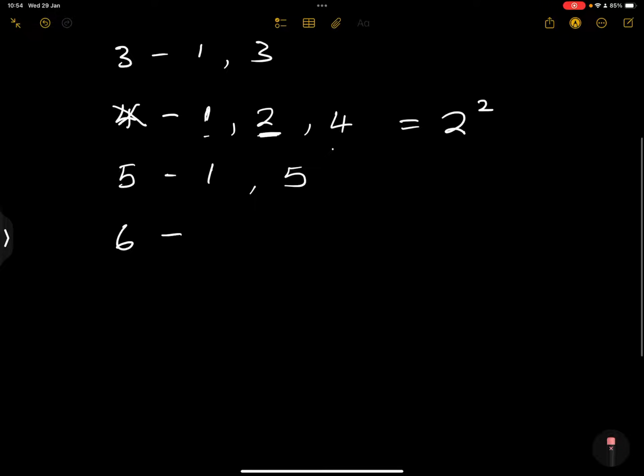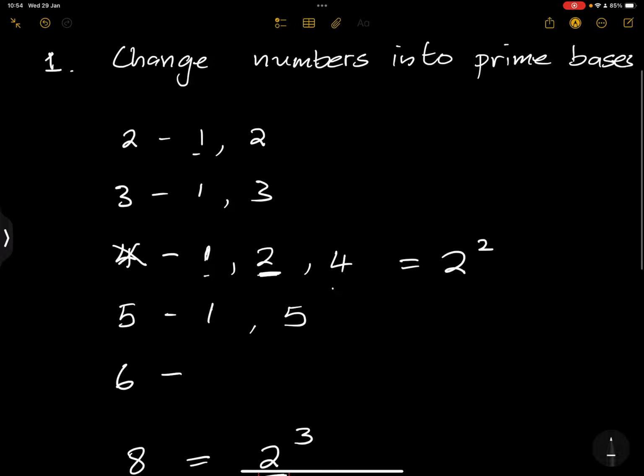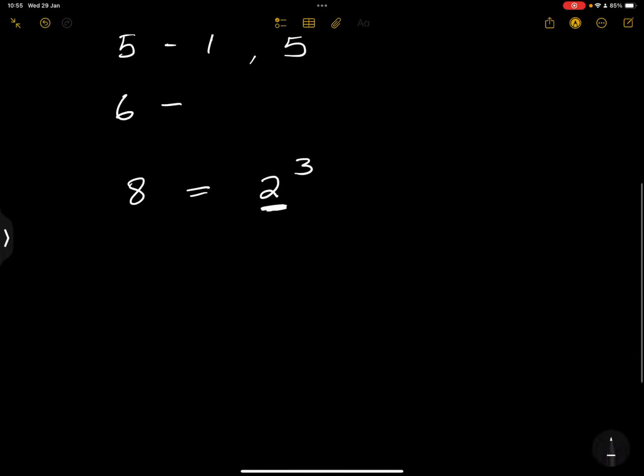So sometimes there might be a need for you to write a number as a prime base. Let me make an example. If I have 8, how can I write 8 as a prime base? That would be 2 to the exponent of 3. So remember, 2 to the power 3 gives us 8, and 2 is a prime number. So that's what I mean by saying to you, change the numbers into prime bases.